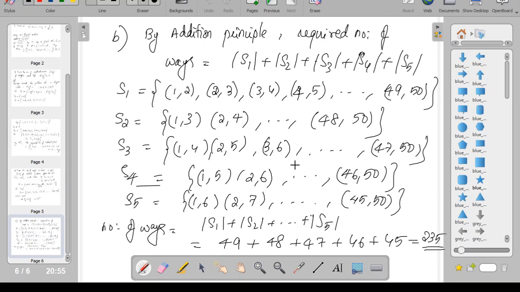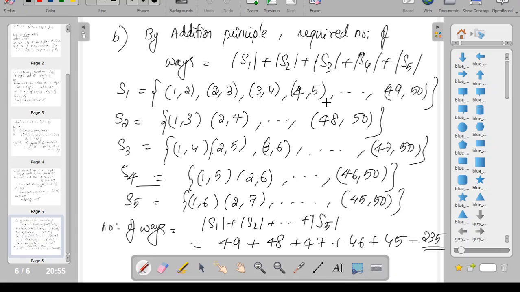Now in the second part, the required number of ways will be the cardinality of S1 plus S2 plus S3 plus S4 plus S5. For S1 these will be the pairs: if you have 1 then 2 comes, (2, 3), then (3, 4), (4, 5) and up to (49, 50).